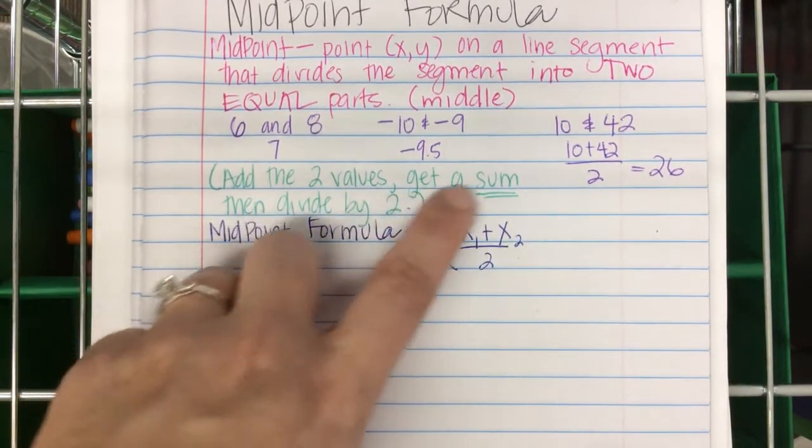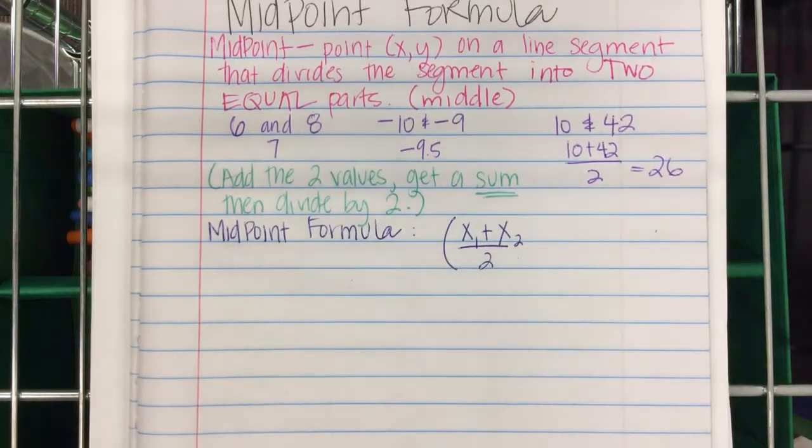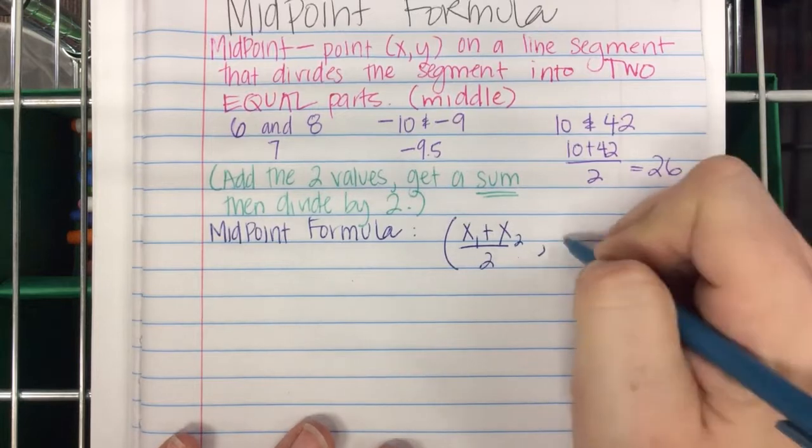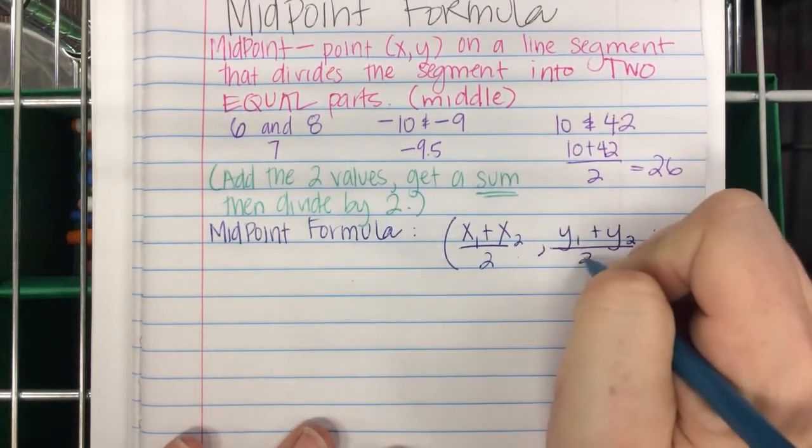Add the two values, get a sum, then divide by 2. The first x plus the second x. Could you flip-flop those and do the second x plus the first x? Yes, because it doesn't matter the order that you add. And it's the y from the first plus the y from the second, divided by 2.